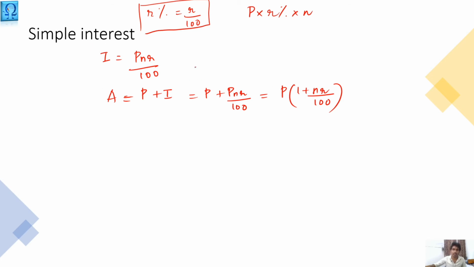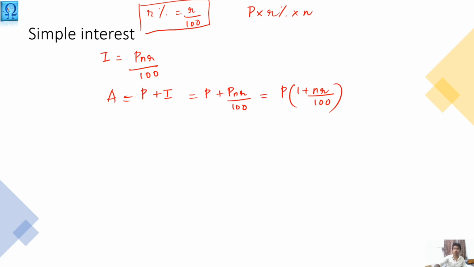In the first formula, we have 4 notations being used. Once we know 3 things, we can find the other. If suppose the interest rate is given, the principal amount is given, and the interest earned is given, but the number of years in which we gain this interest is unknown, we may still substitute the known values here and try to squeeze the N value out of it. The same goes for A as well.